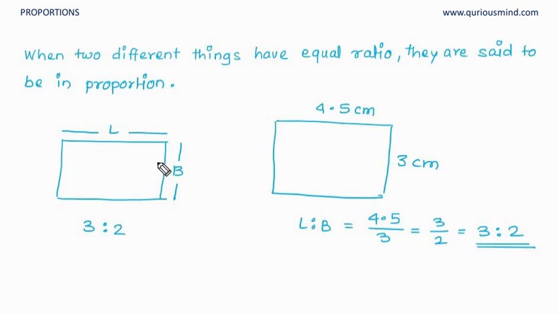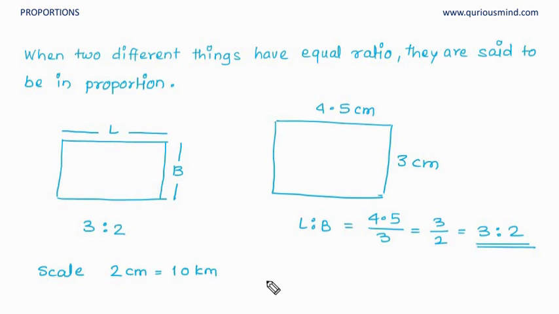One more example is the map. In a map, we get a scale. For example, it is written 2 centimeter is equal to 10 kilometers. Now, when we have this scale, we know that the proportion is 2 centimeter is equal to 10 kilometers.